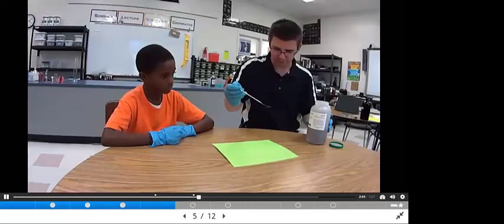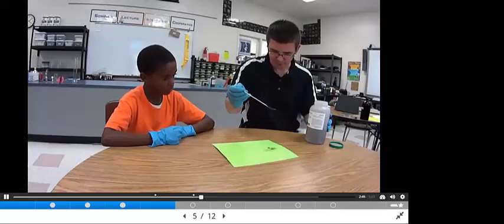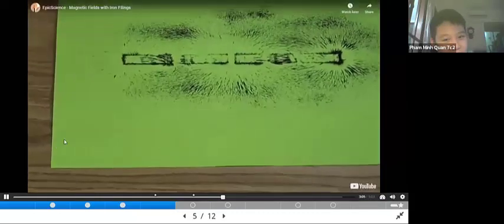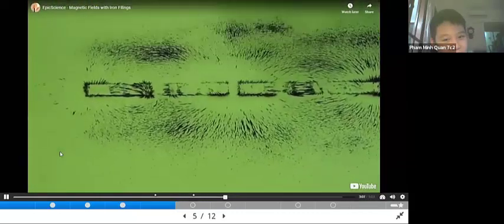And as we sprinkle it, you'll see it starting to line up to the magnetic field. And you can see right here are the poles of the magnets. Okay? But we've got that gap, that empty space in here.